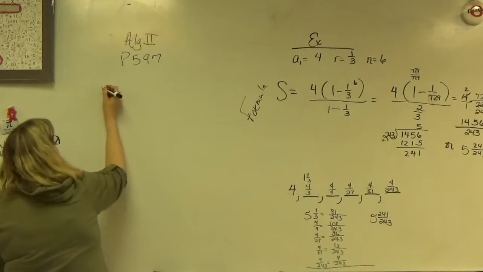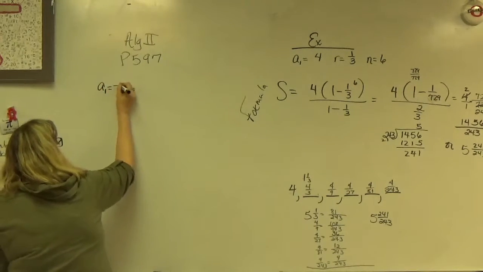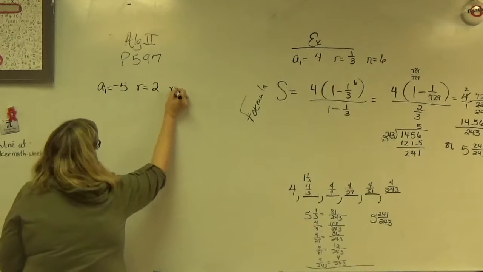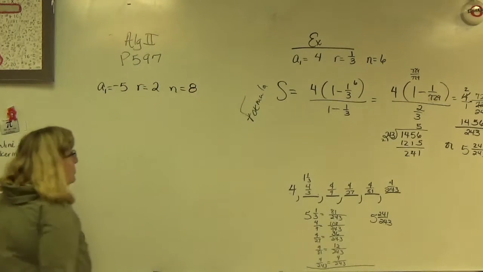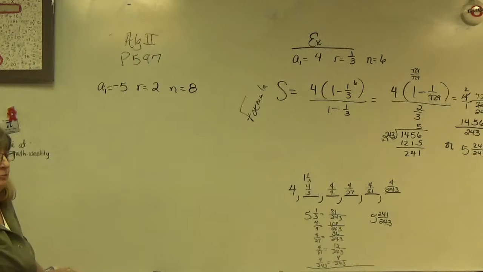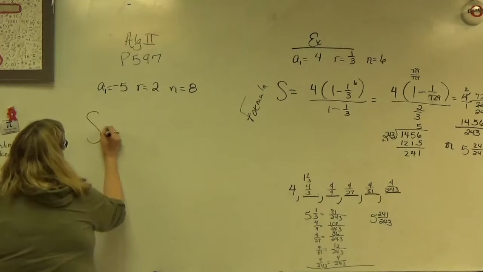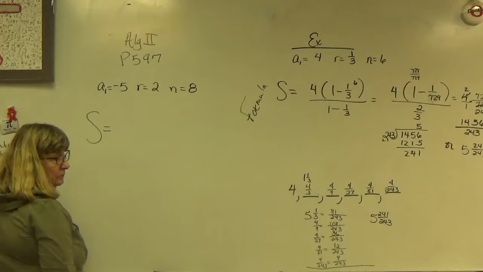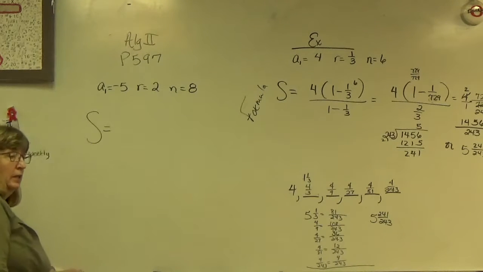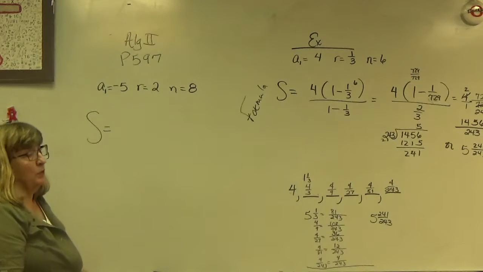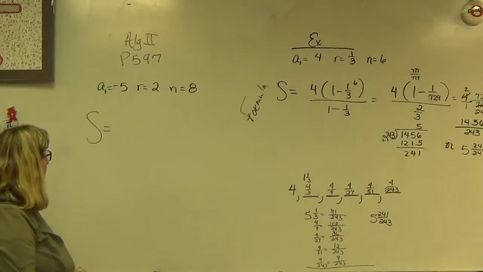Okay, this time, since my ratio is a nice number, I'm going to have n equals 8. So the first thing we're going to do is the formula. And again, I'm going to show both methods, that way you can use whichever one you're more comfortable with.